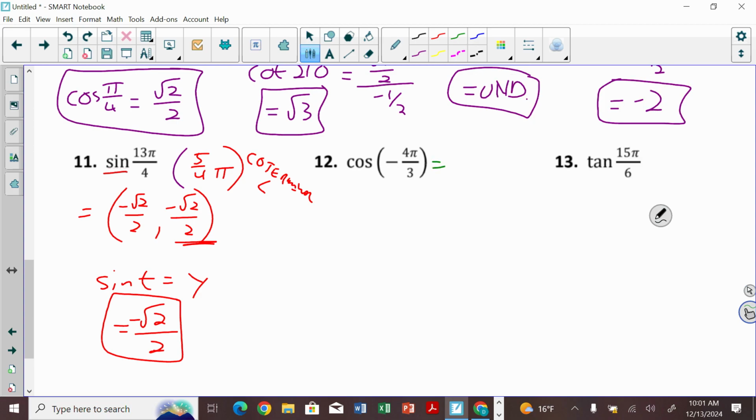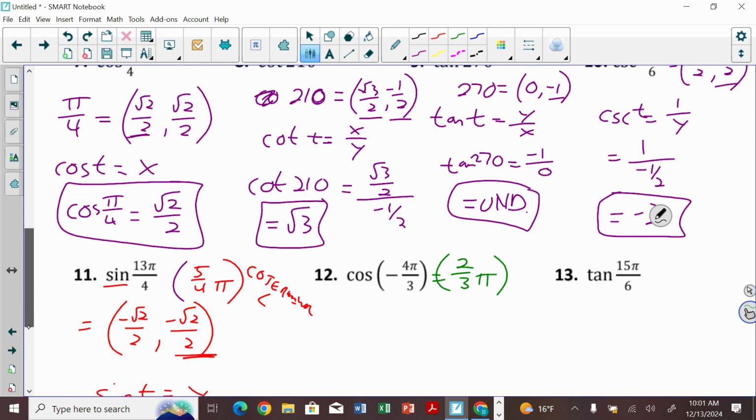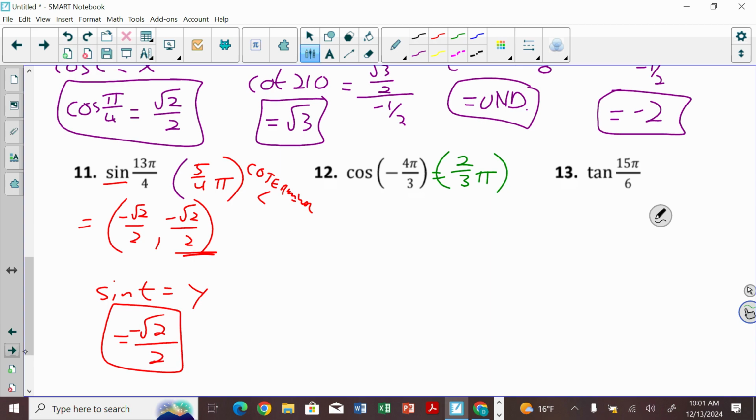I know this is really a positive 2/3 pi if we're looking at the reference angle. So if I was coming at it from this way, it'd still be a positive 2/3. So I'm looking at the reference angle being coterminal there. And so now I can say that 2/3 pi is equivalent to this point here.